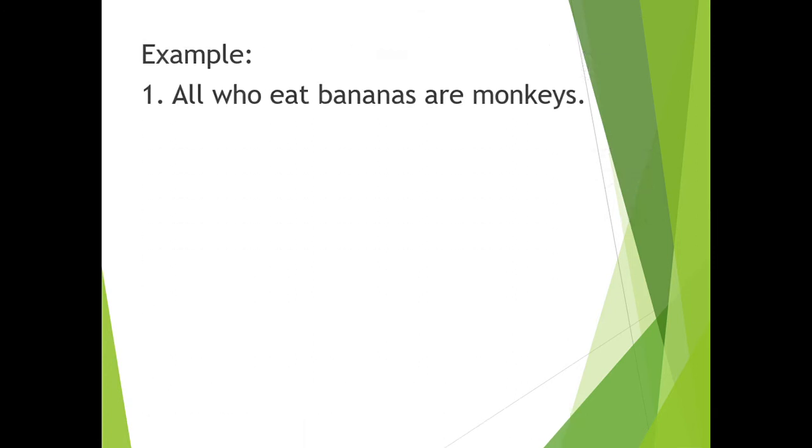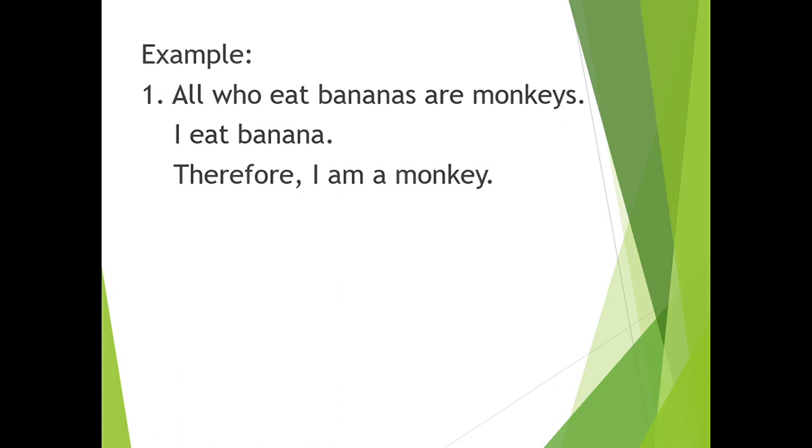Now let's have an example here. You start with the general conclusion that all who eat bananas are monkeys. Again, with deductive reasoning, you start with a general conclusion: everyone who eats bananas is a monkey. I eat banana, so you started from the general and it became specific: I eat a banana, therefore, I am a monkey.